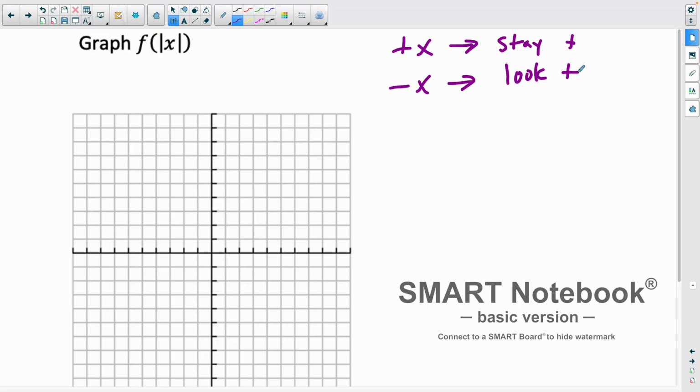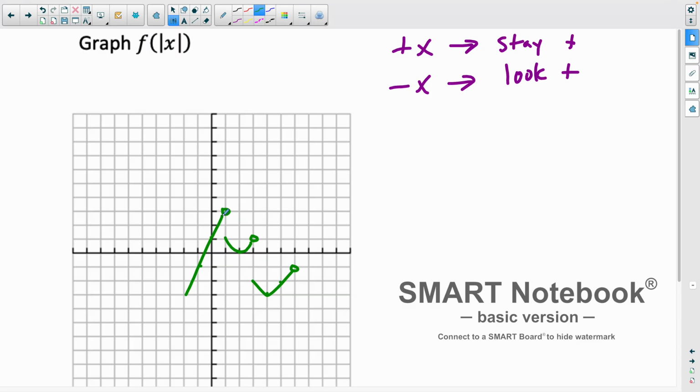Okay? Again, I'm going to draw this again. So here is my parabola. Here is my absolute value. And here is that line. So there's my original function.